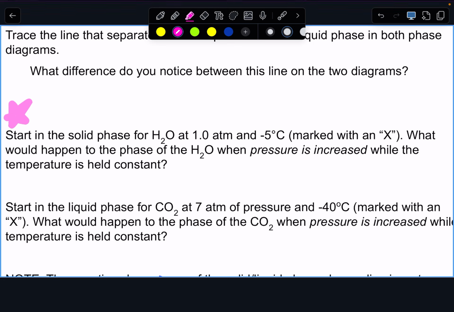So in both of these, we're increasing pressure, so you should be holding the x-axis constant and going up in y and seeing how it changes.